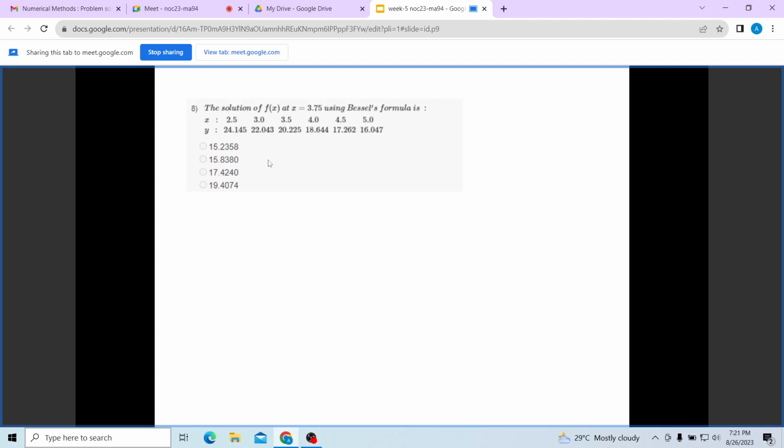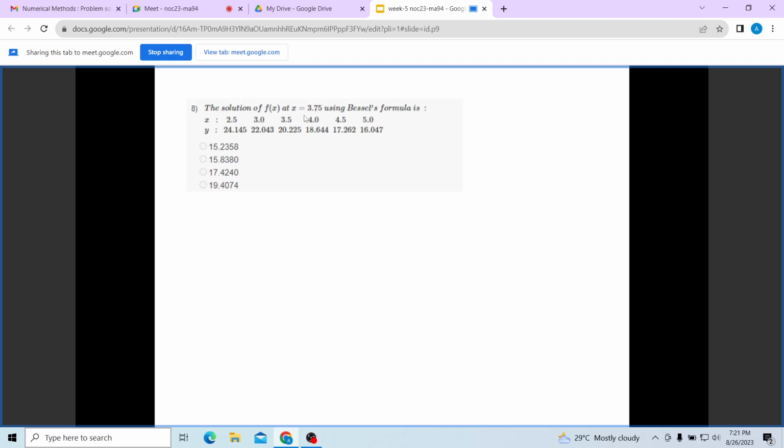So next question is the solution of f of x at x is equal to 3.75 using Bessel's formula. So use the Bessel's formula and find the value of f of x at x is equal to 3.75. Okay, you have been given this data.